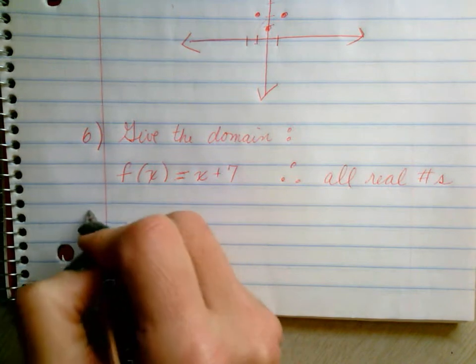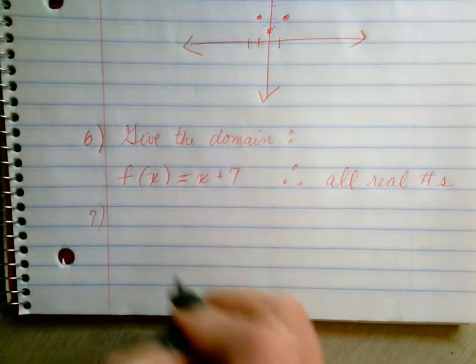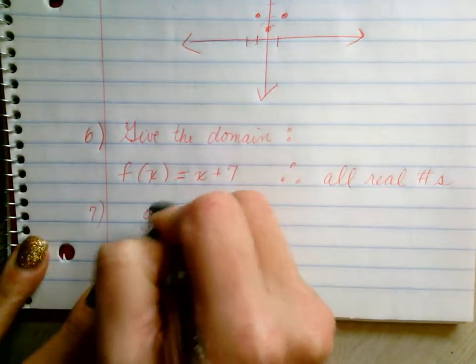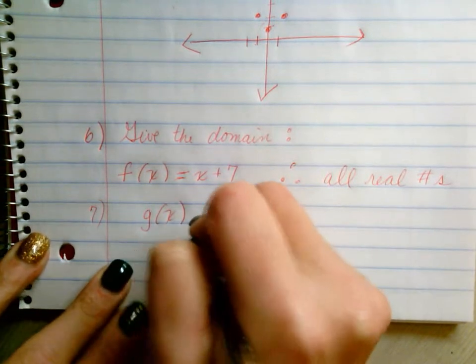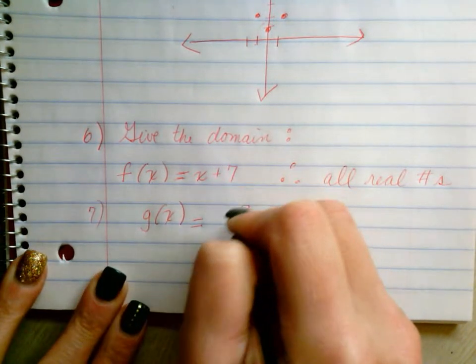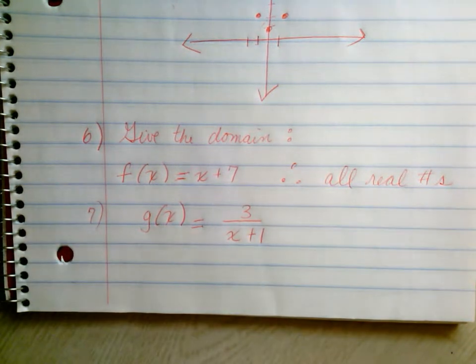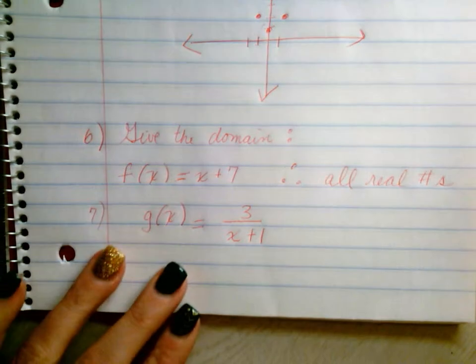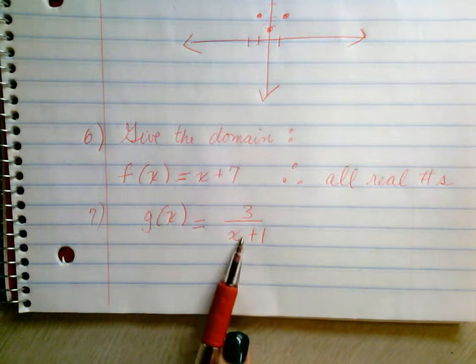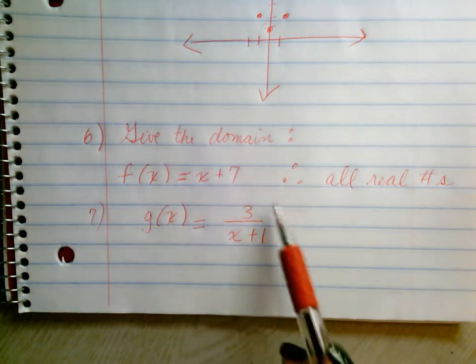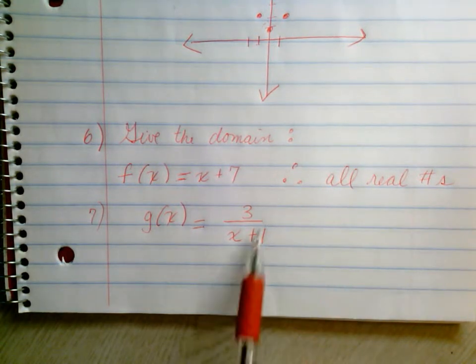In contrast, number 7 is something like this. What can I have for a domain of g of x equaling 3 over x plus 1? Well, what can't I have? The only thing that can't happen is I can't divide by a 0, right? And this is a division problem, 3 divided by this sum.